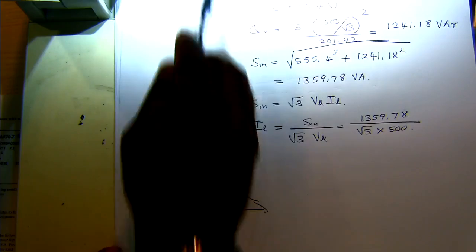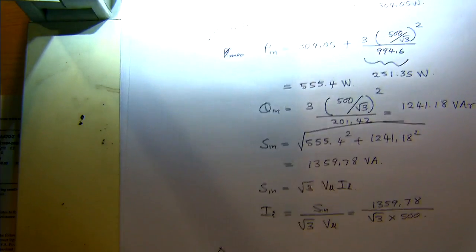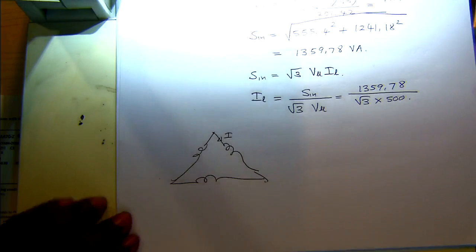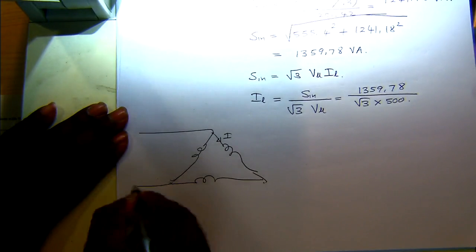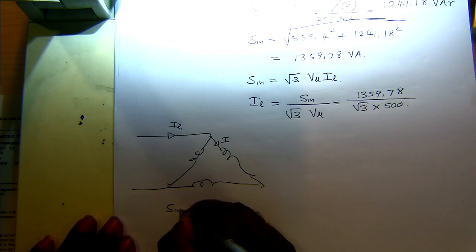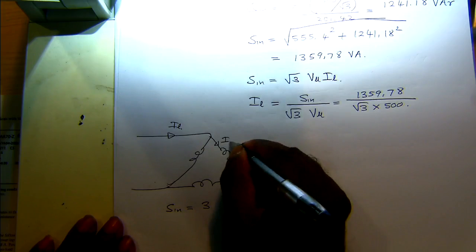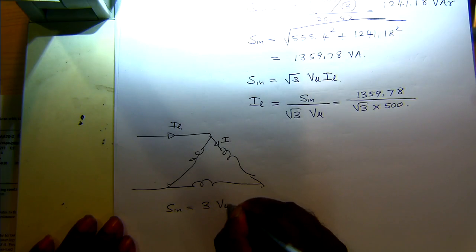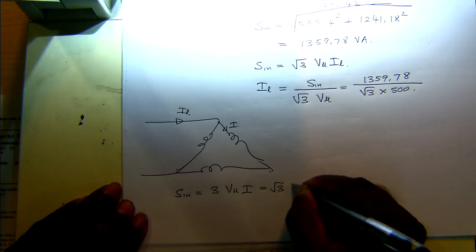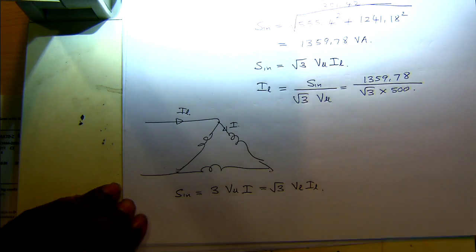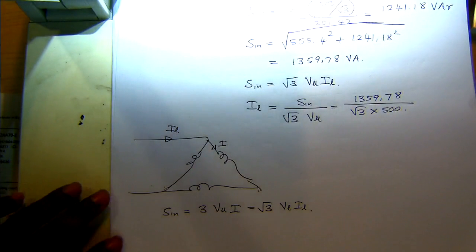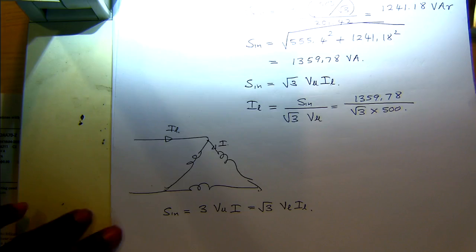This I term will correspond to the branch current here, and then this will be your line current. You'll write S in equals 3 times the branch current times V line to line, or you can write this as √3 times V line times I line as well. In the star connected case, I line and the branch currents are the same, so it's just the same connection.